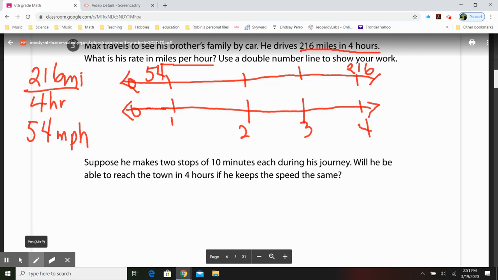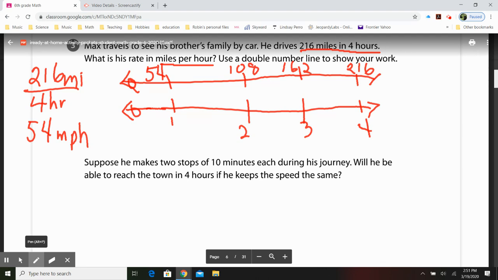So for 2, you're just going to double the 54, which is 108. For 3, you could either add 54 to the 108 or subtract 54 from the 216, and that one is 162. So there you've got your double number line showing how many miles for each of those.